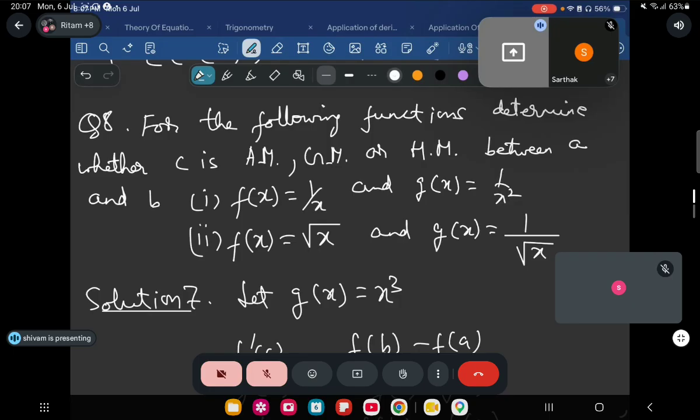Yes, Raktim, part 1 is correct. Aipsha, part 1 is correct. Okay, let me solve, everyone. Sir, 1 minute. Okay, send. Sir, can I see the answer? Wait, let him send, then I'll ask you.